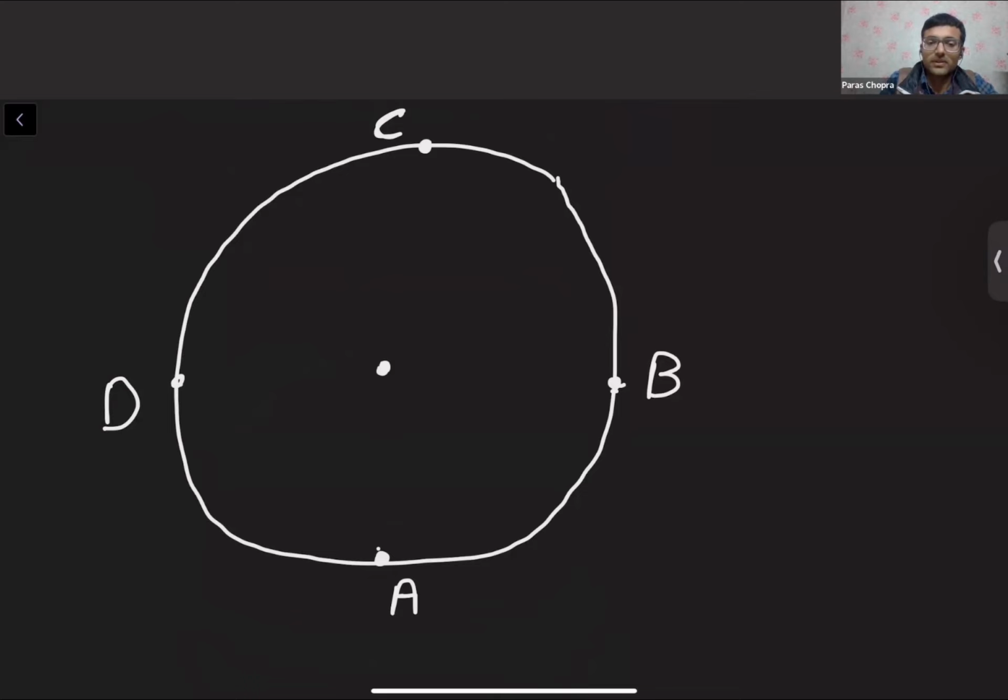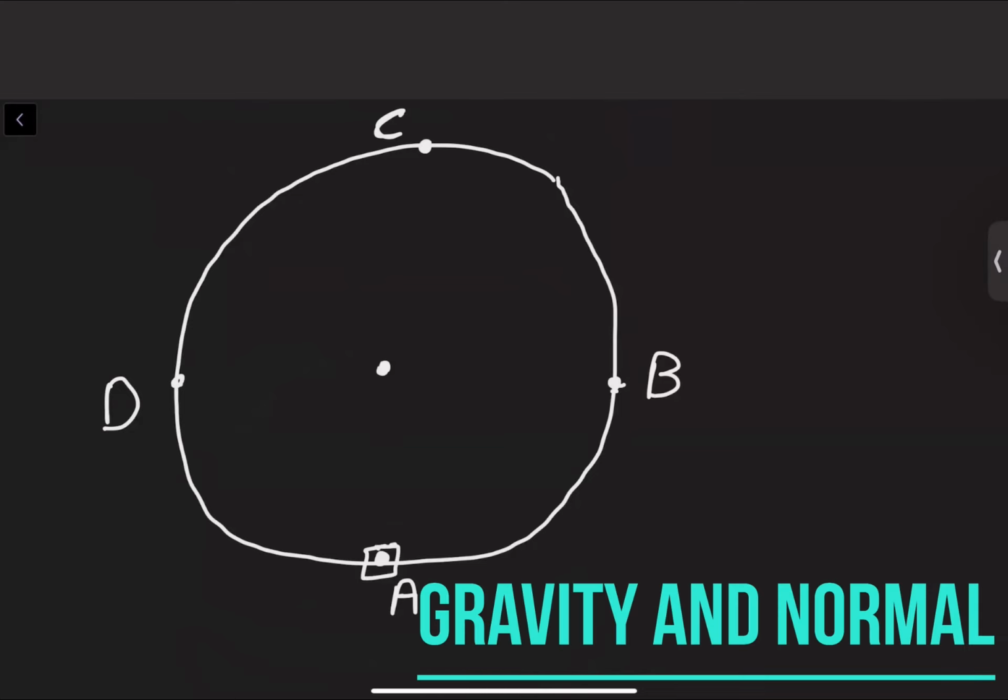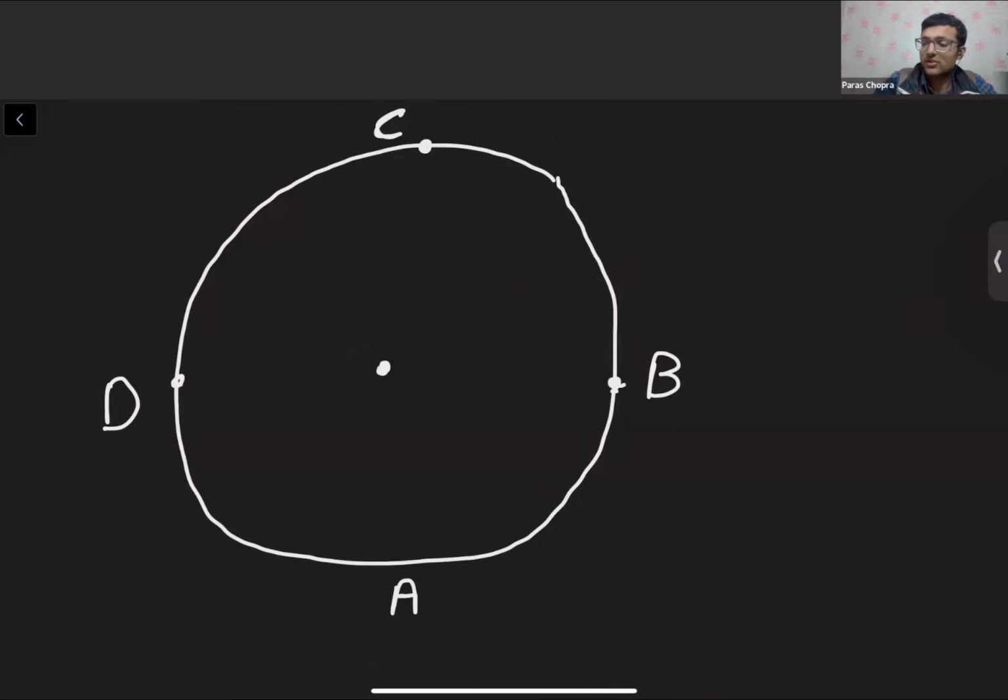Now, when the mass is at position A, what all forces will be acting? So this is the circular path, and a ball of mass M is going along this path. It is doing rounds on the inside of this path. So one force will be the gravitational force at point A, and the other force will be the normal force, which will be upward.